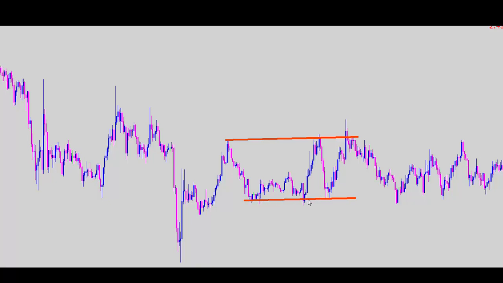The price reached that area and formed 2 support levels here, and when we drew that support line, the price reached that line the third time, respected that support line and went up again. So the price again has been affected by this support area or support line, and it just respected it and went up again.